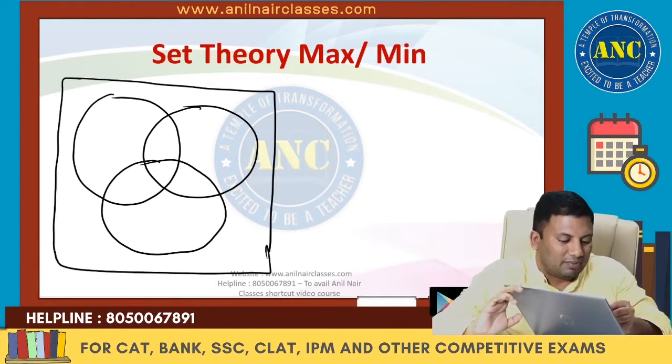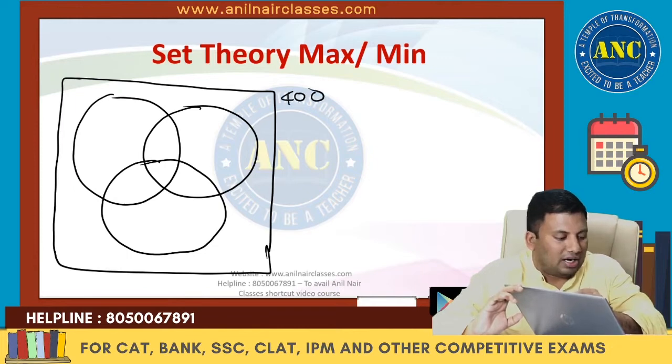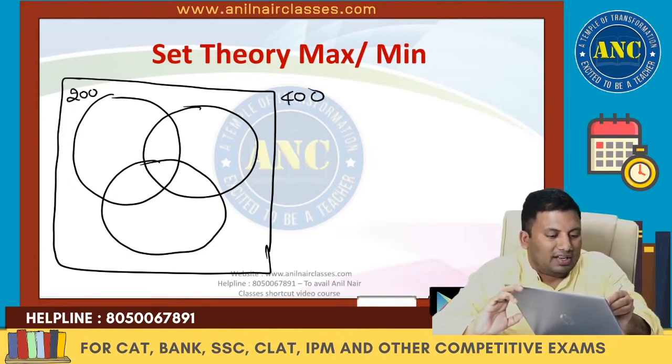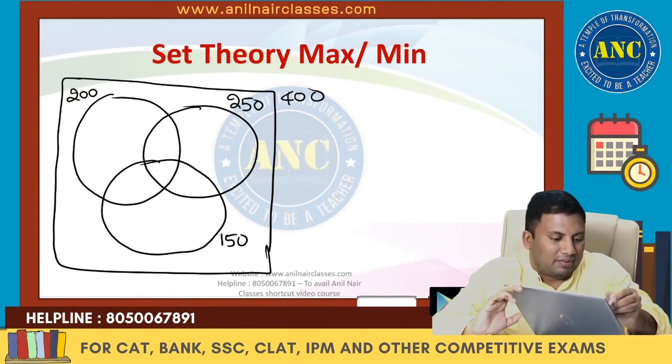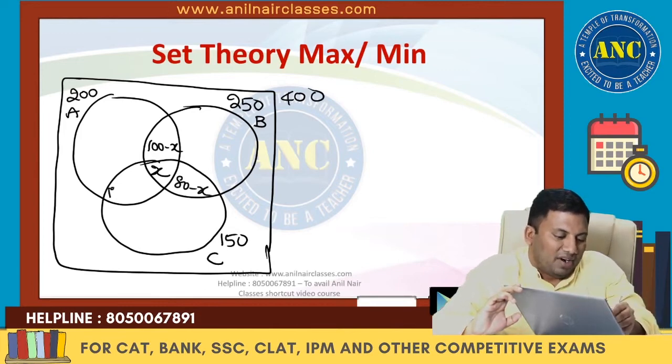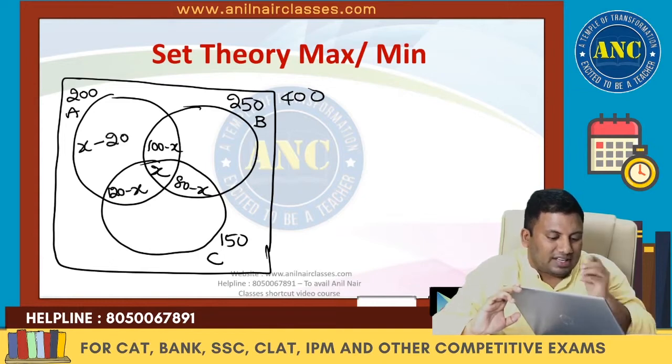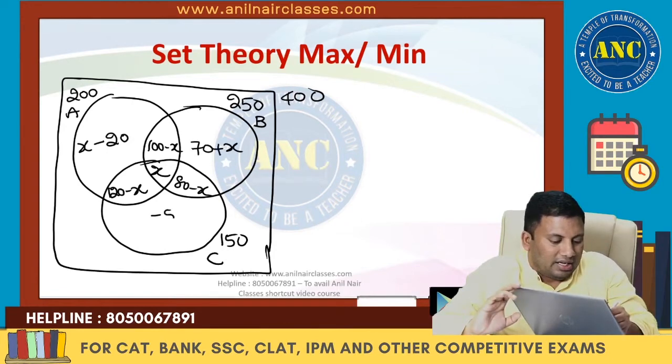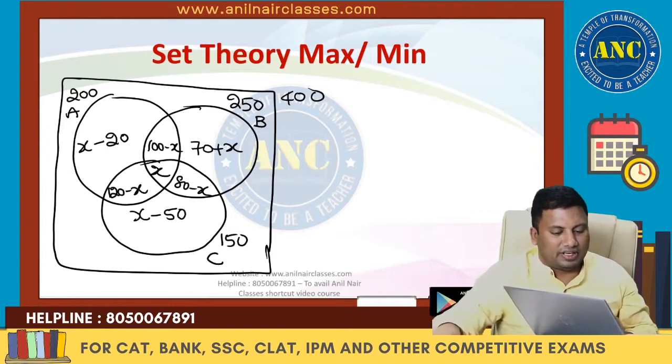So this is nothing but 400. This is 200, this is 250 and it is 150. This is A, this is B, and this is C. This is X. This is 100 minus X, B minus C is 80 minus X, A minus C is 120 minus X. 220 is a drop of minus 20 plus X, 180 is 70 plus X, 200 is a drop of 50, X minus 50.